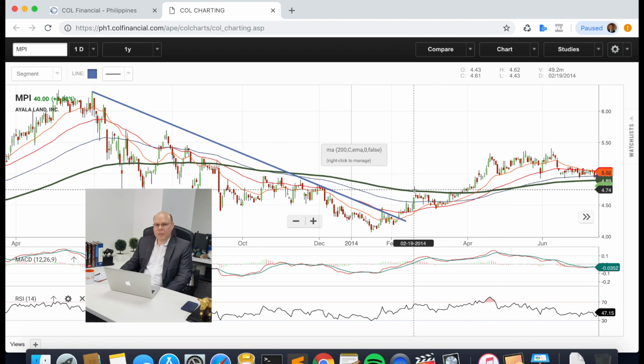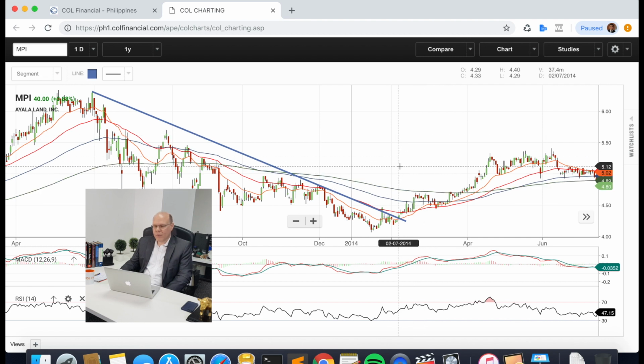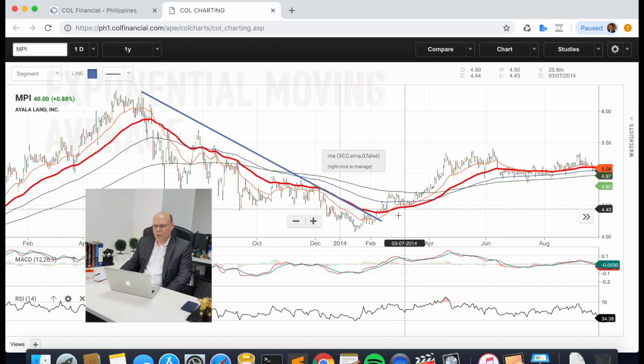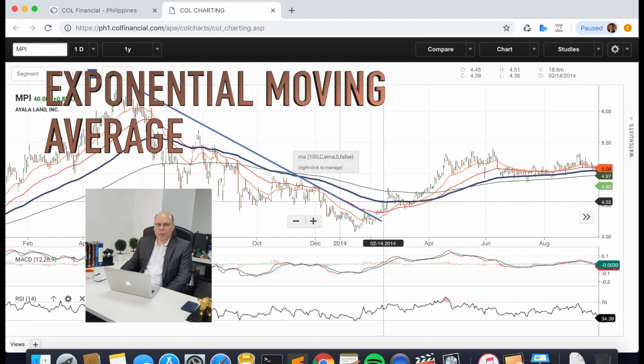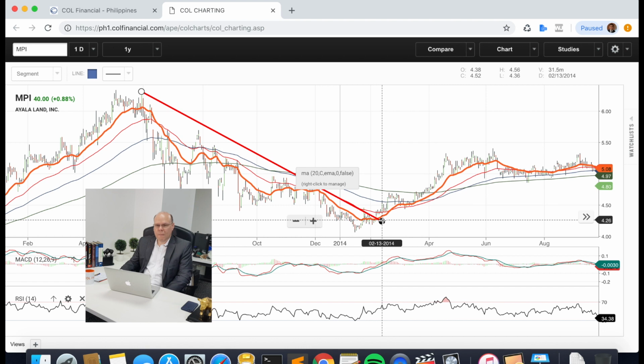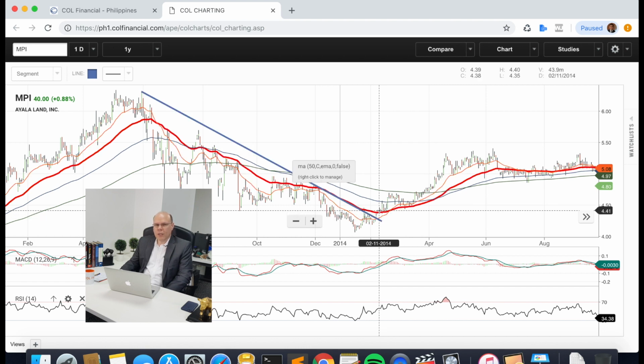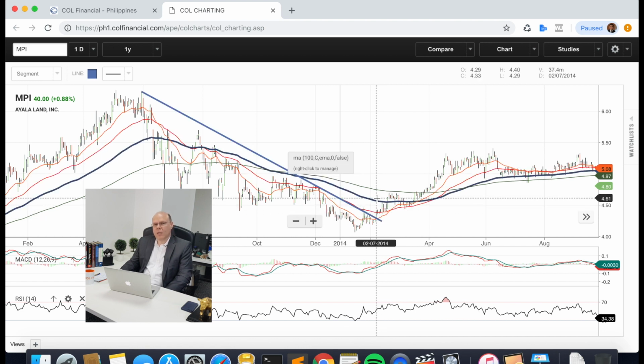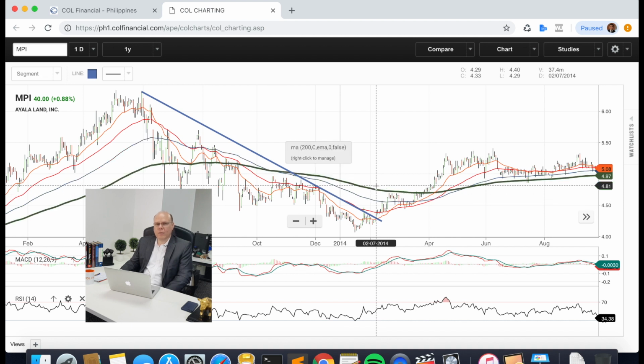In the moving averages that we have plotted, we actually have four moving averages plotted here. The first one is a 20-day exponential moving average. The red one, the second one, is a 50-day. The blue one is a 100-day. And the last one that you see here is a 200-day exponential moving average.